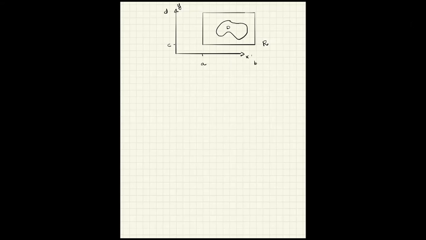We first have to get a definition of what we mean by integrating something over a region D, because we have a definition of an integration over a rectangle R. We know what it means. So what does it mean to integrate something over D?